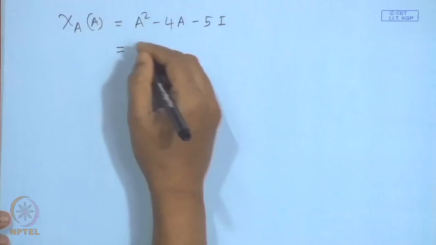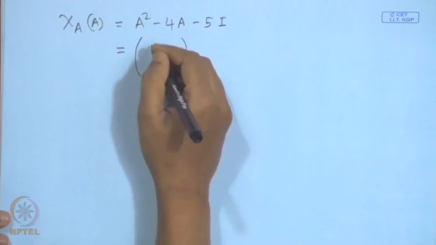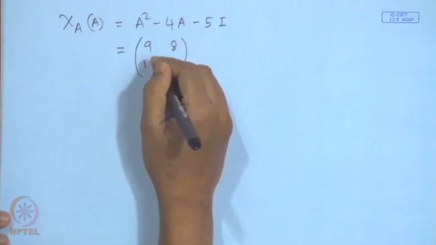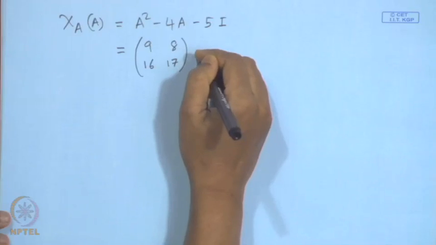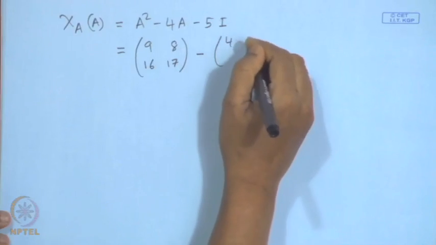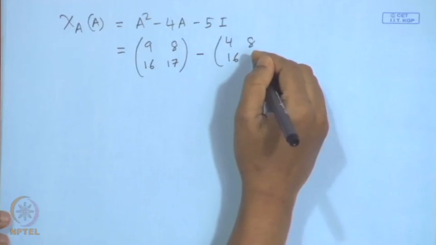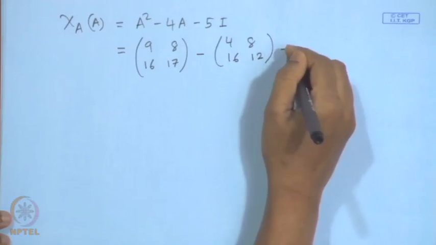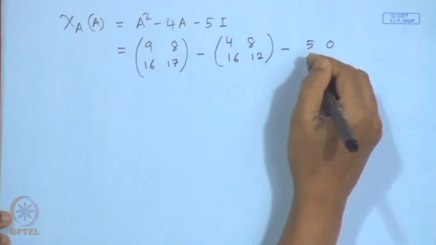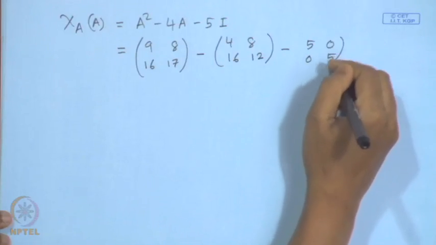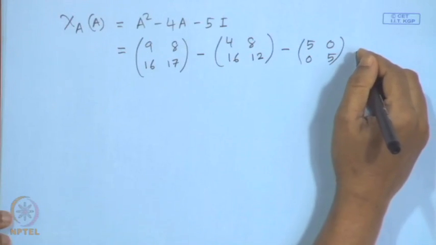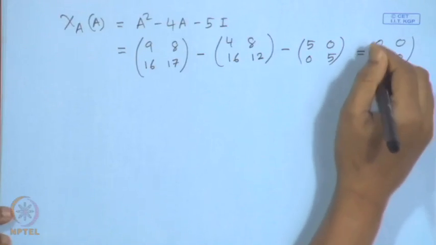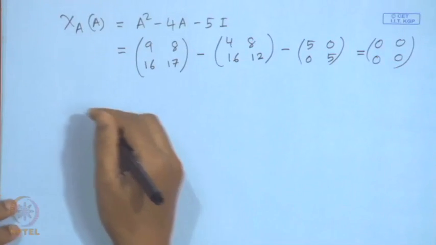It is the matrix 9, 8, 16, 17 minus 4, 8, 16, 12 minus 5, 0, 0, 5, and one can check that this is equal to the zero matrix of size 2.